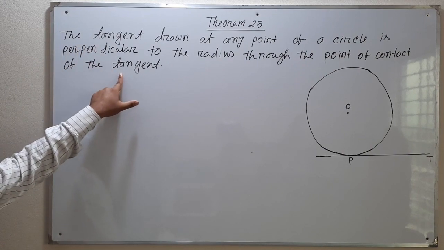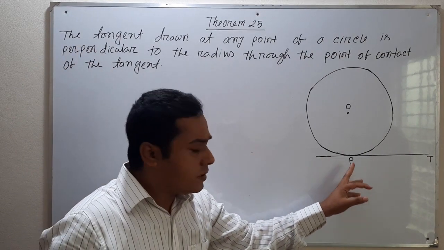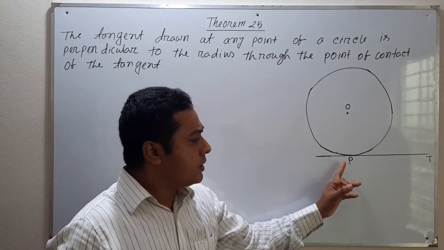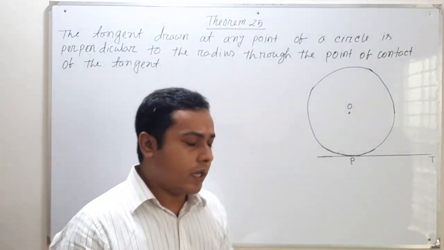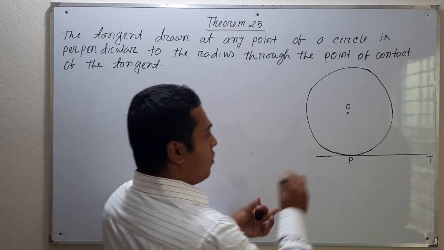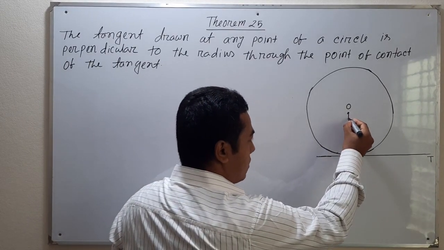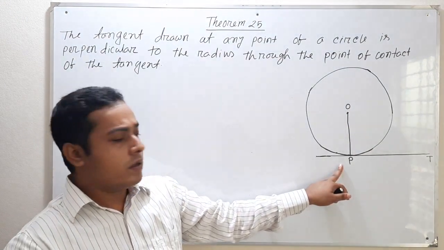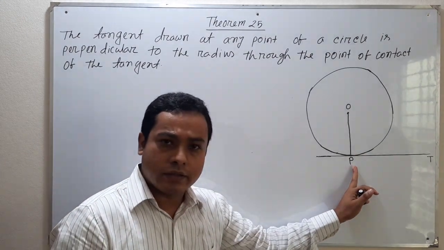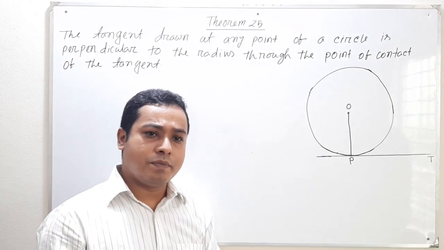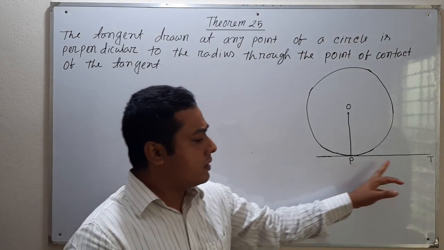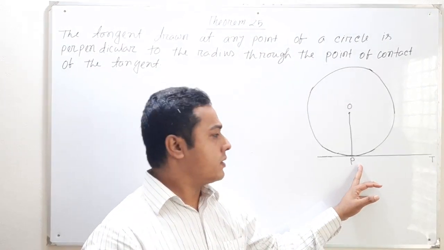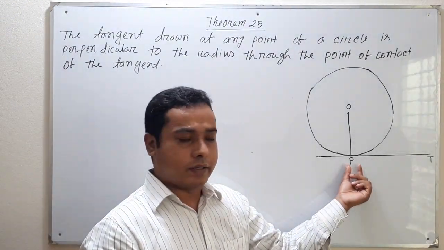It states that if PT is a tangent, just think on this figure, and OP is the radius through the point of contact. At the same point, PT is a tangent and OP is a radius, so P is the point of contact.